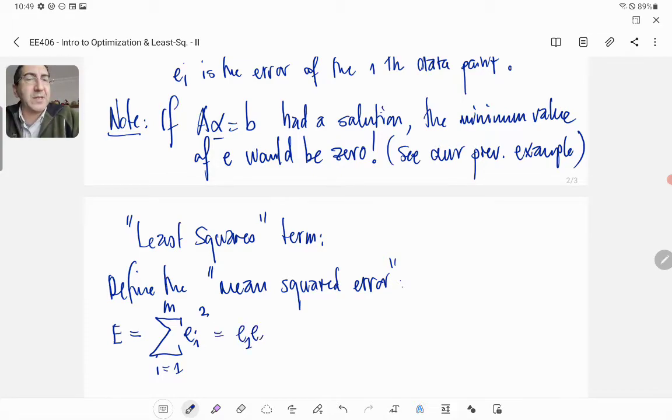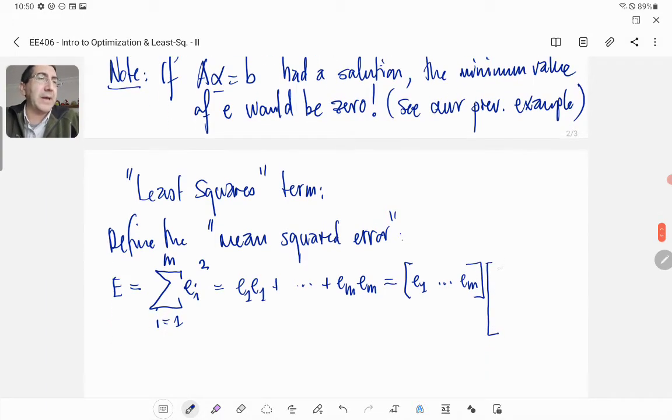This is E1 times E1 up to EM times EM. Okay, this also can be written as a matrix multiplication. Okay, in fact, it is E1 up to EM, a row vector which is multiplied by the same vector but in column form, E1 to EM. Okay, so in linear algebra this corresponds to a transpose operation. So this is E transpose E. Okay, this is the matrix transpose.